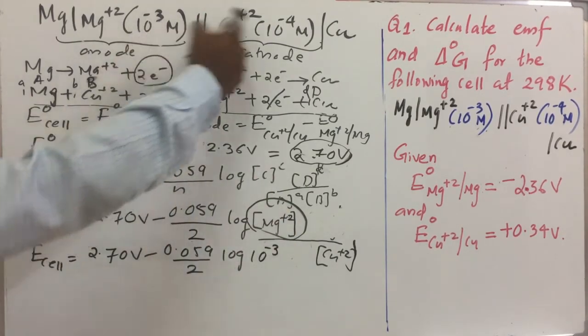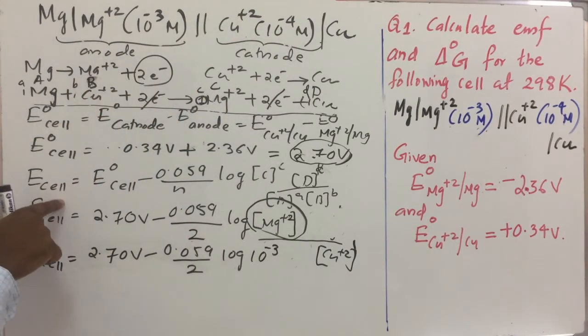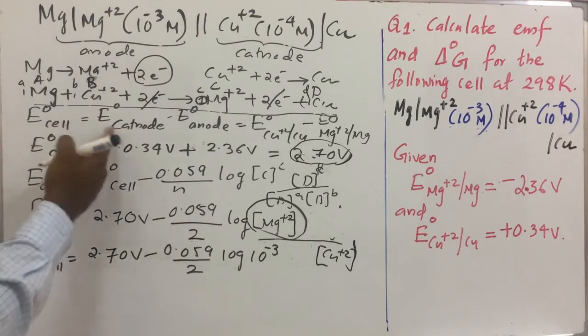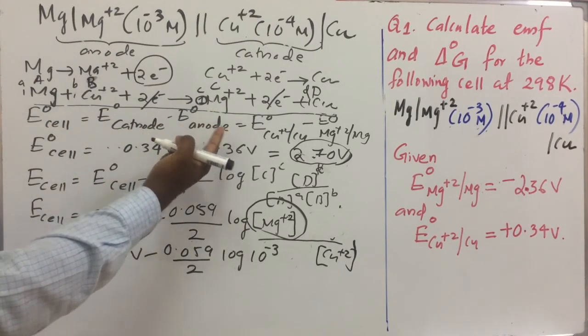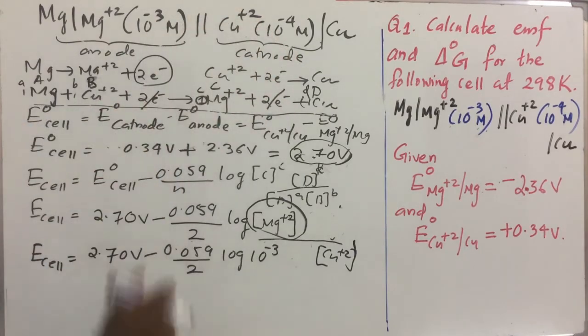Actually, here both the concentrations are different. That's why we use the Nernst equation. If both are standard, what can we use? E0 cell equals E0 cathode minus E0 anode, and directly we get the value. Here the concentration is different, so we use the Nernst equation.